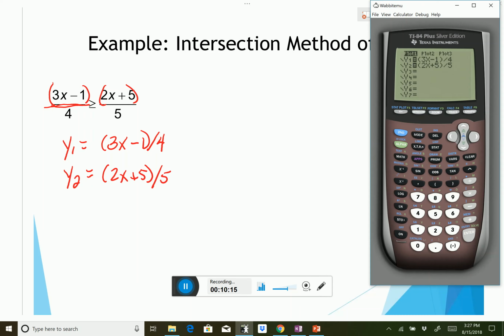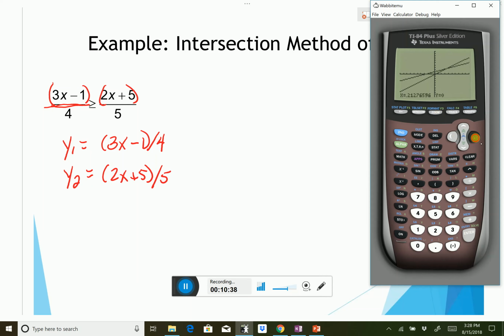Okay, so now what I'm going to do is I'm just going to zoom this to standard. See if I can get my intersection in there. Okay, looks like it's in the first quadrant. I can zoom this to the first quadrant. I don't generally do it, but we can zoom in a little.